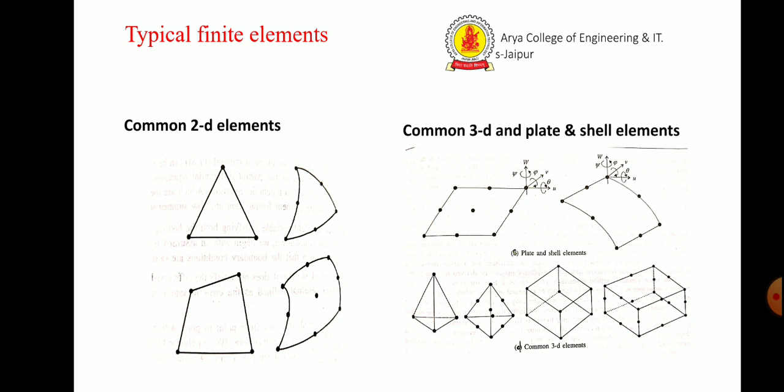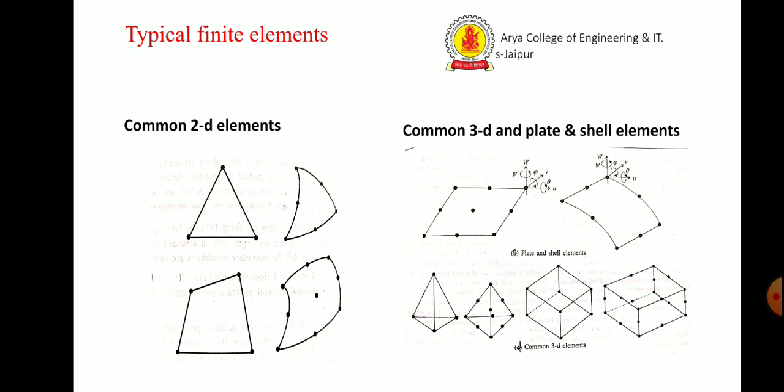These are typical finite elements. First, common 2D elements: a triangle shows 3 points, meaning 3 nodes, and 3 lines, meaning 3 elements. And a trapezium shows 4 lines, meaning 4 elements, and 4 points, meaning 4 nodes. And here are common 3D, plate and shell elements like cuboid, cube, and these types of shapes we use in different types of objects.